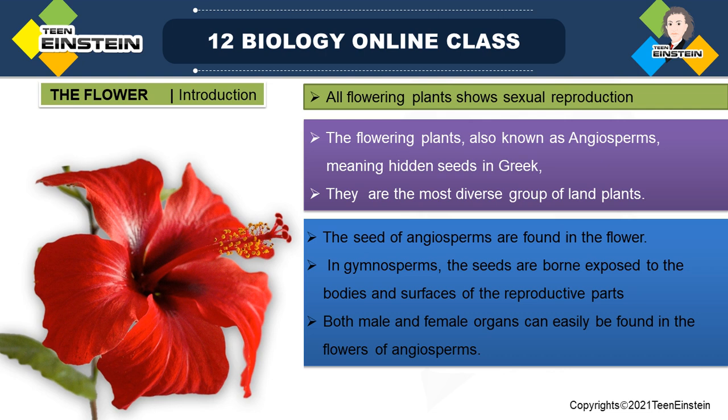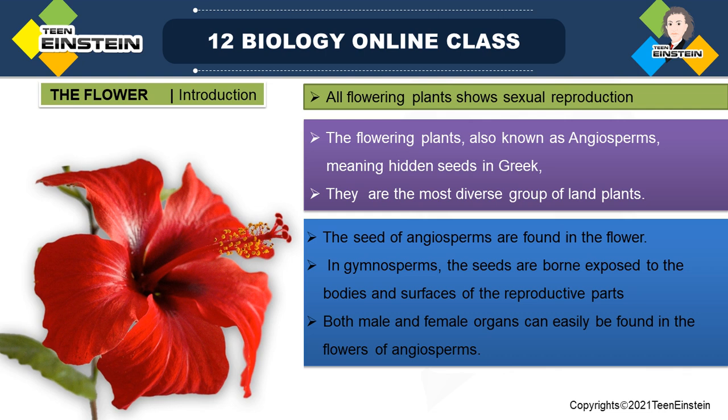Asexual reproduction gives rise to clones, which means there won't be any difference between the parental organism and the newly formed organism, in the first generation and the second generation. So asexual reproduction makes clones, but sexual reproduction makes new varieties or new types of individuals, new hybrids.